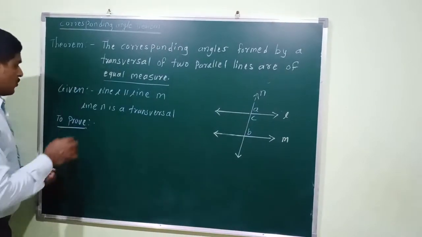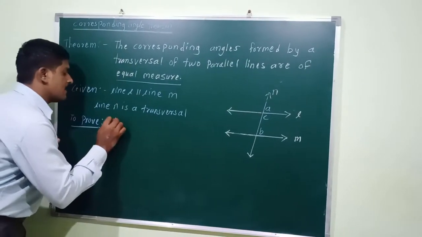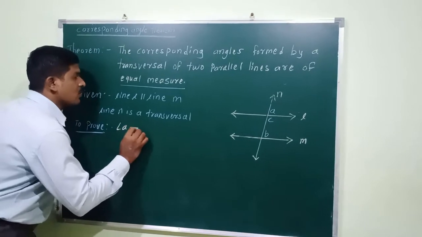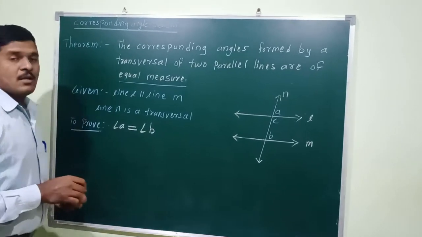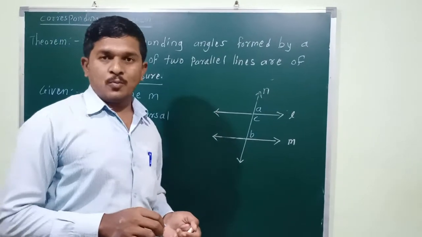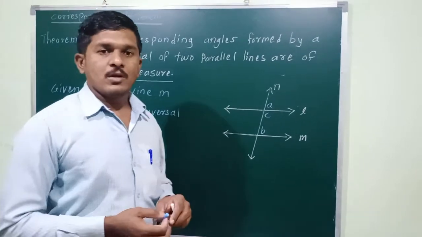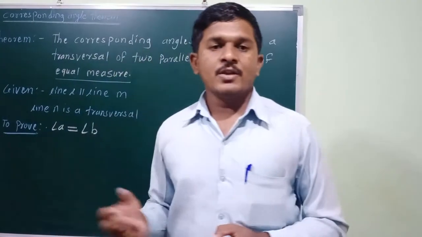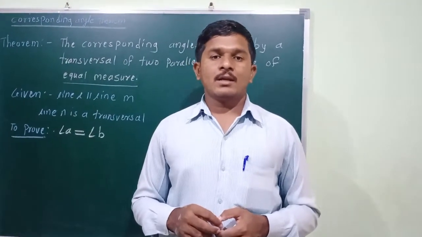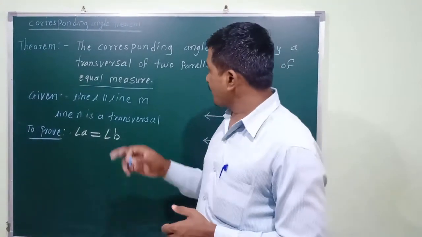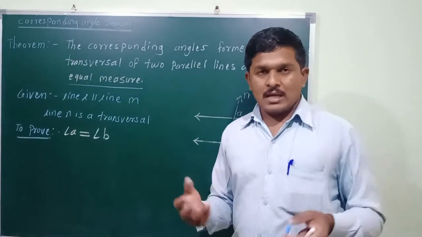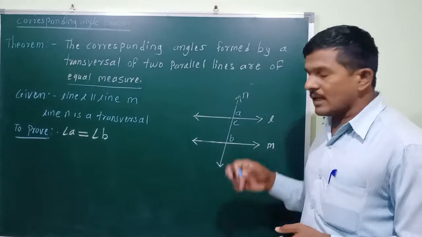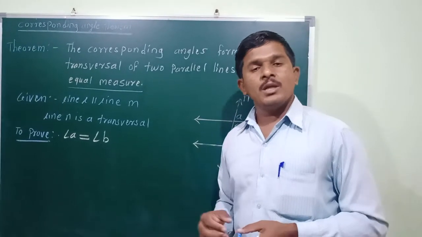Hence, to prove that angle A is equal to angle B. In this theorem, one of the pair is a linear pair and the other is an interior angle, and the theorem will be proved.